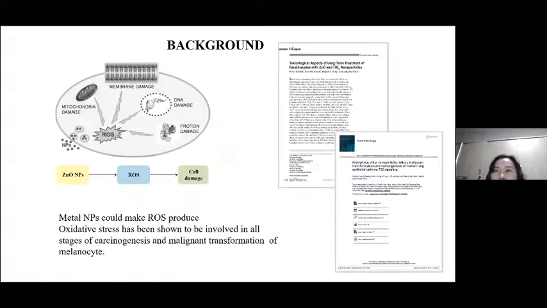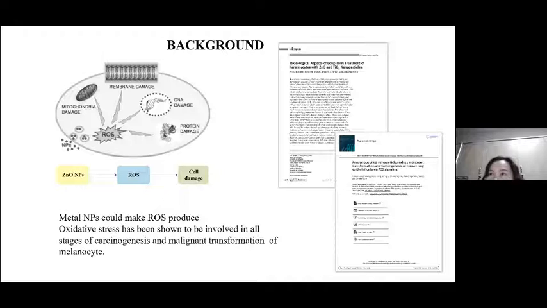Some reports have shown that metal nanoparticles could make ROS produced, and oxidative stress has been shown to be involved in all stages of carcinogenesis and malignant transformation of melanocytes.